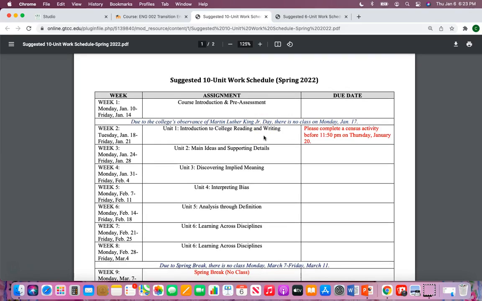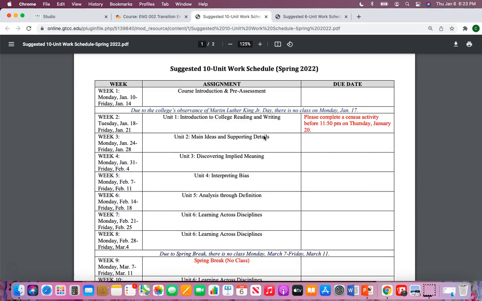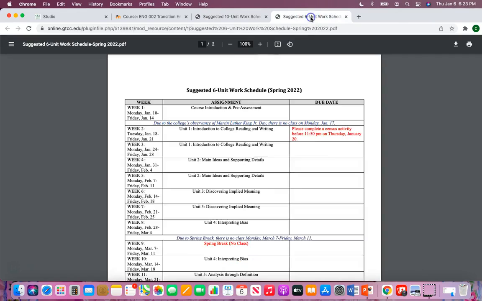So once you've consumed all this course introduction material, you need to set a goal for yourself. Either I want to complete all 10 units or I want to complete the first 6 units. And then you can look at this suggested work schedule that I have for you, or you can come up with your own work schedule. And here's the 6-unit one.